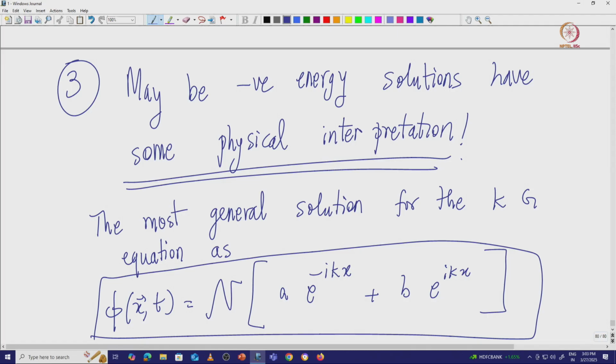So now this is the basic picture, this is the most general form you can have for the KG equation.